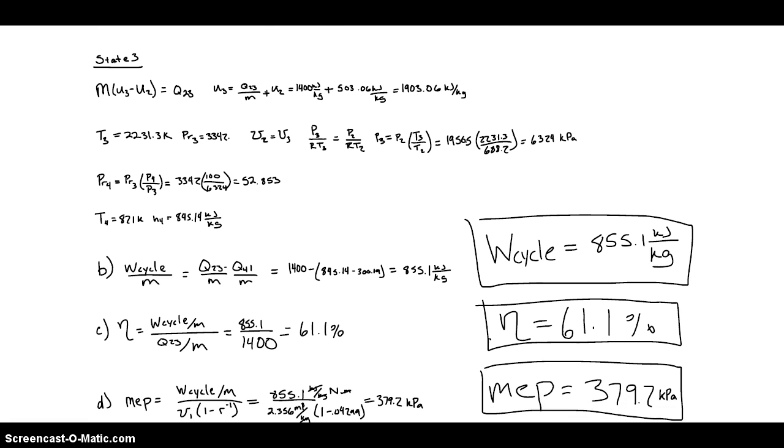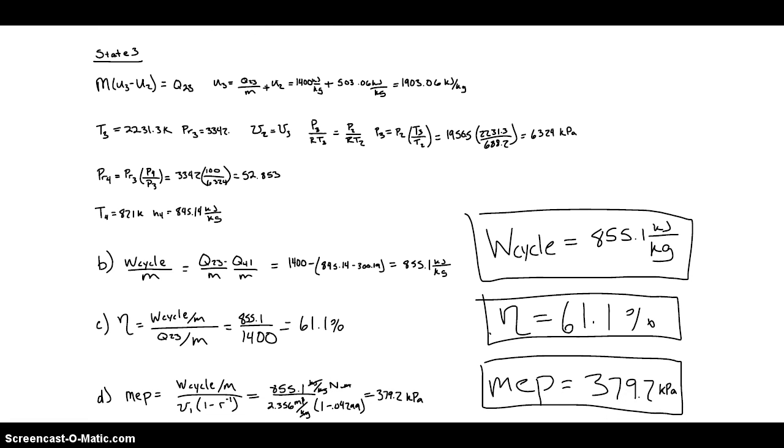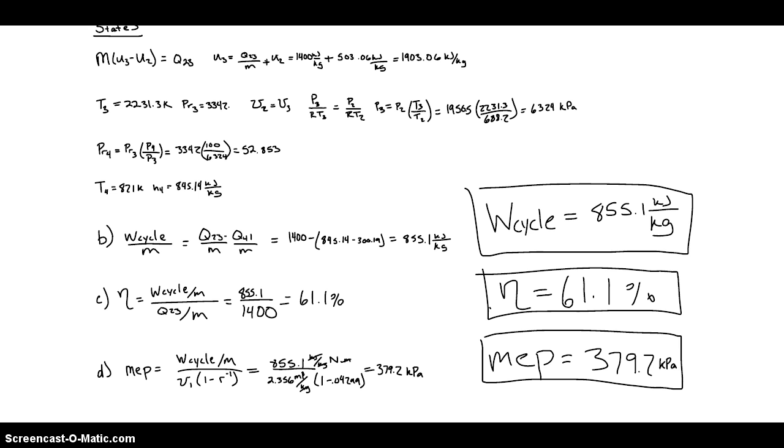Okay, so the first thing it asked us for was the temperature entropy diagram. I showed you that. The next thing it asked us for is the work of the cycle. We know that the work of a cycle is the heat addition minus heat rejection. Heat addition was given to us.